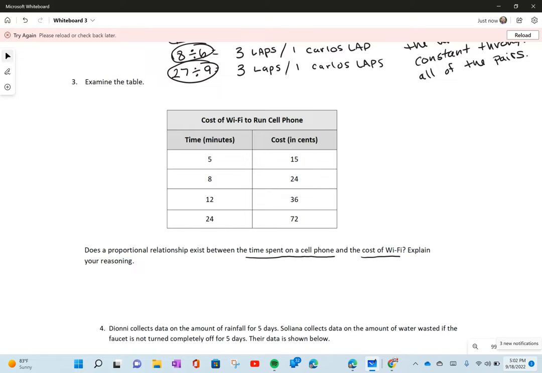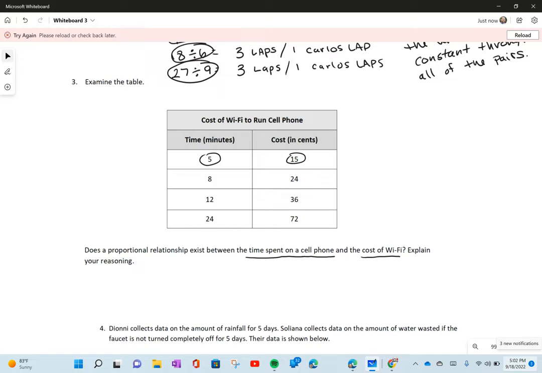So we want to know if a proportional relationship does exist, then there will be the same unit rate for each pair. So the unit rate that I would be interested in to know, dealing with time and cost, is how much does it cost per minute?